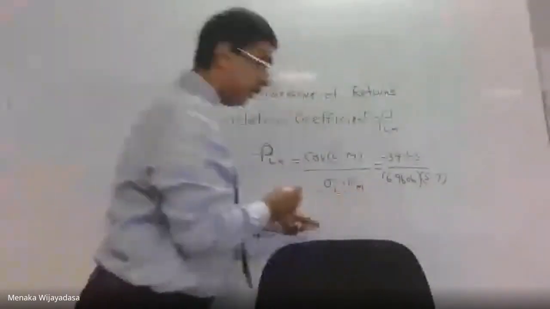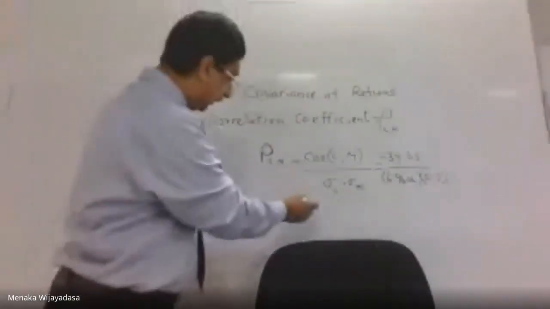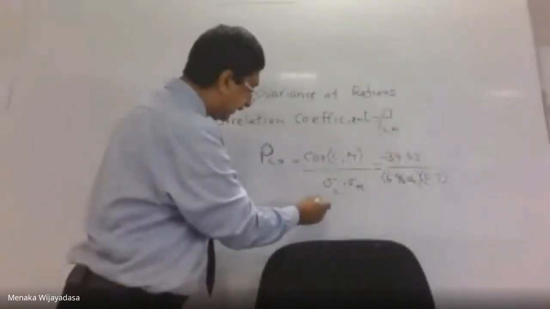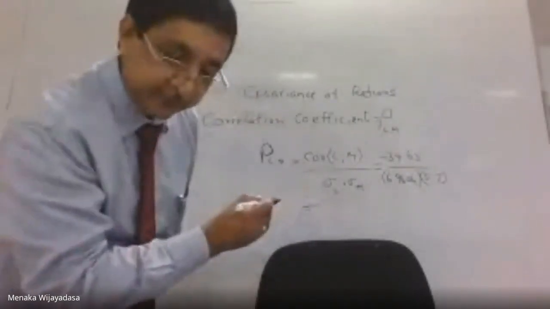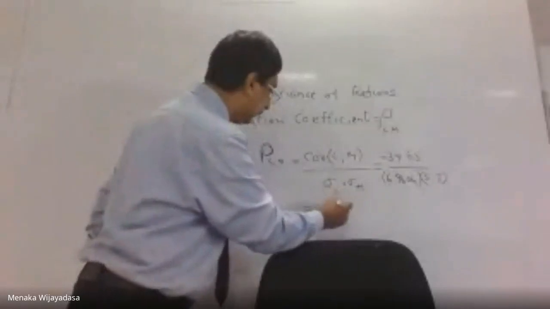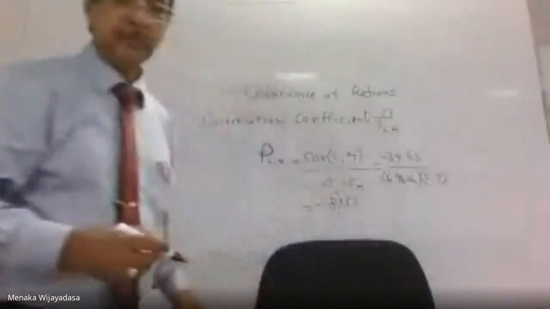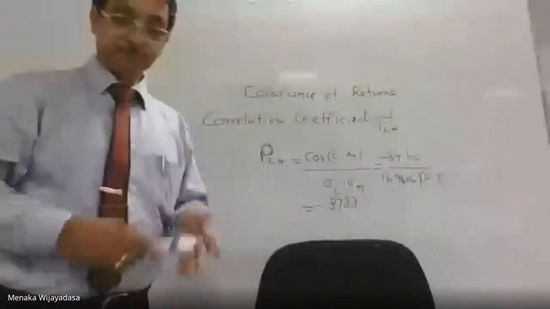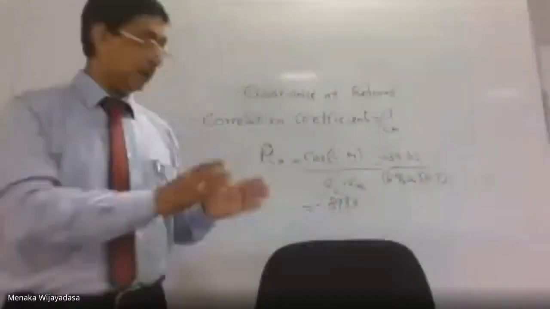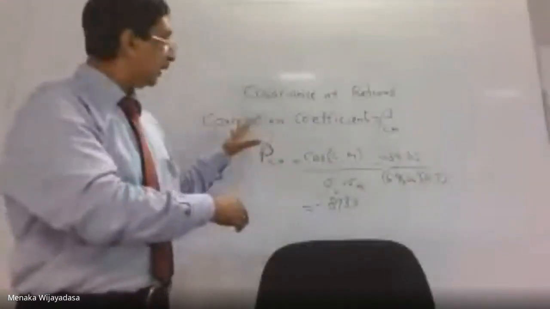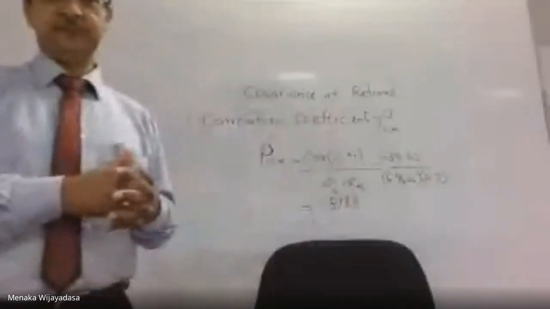If you do this calculation, you will end up with minus 0.8733. This is how the correlation coefficient is calculated.